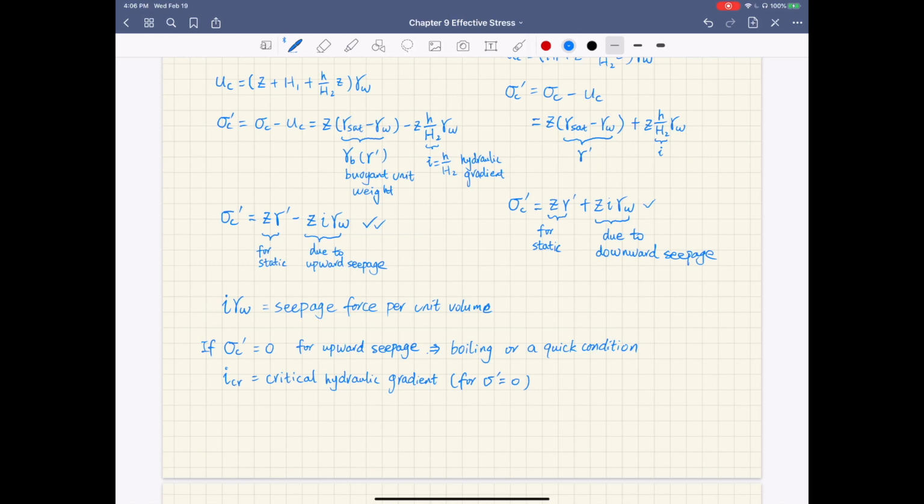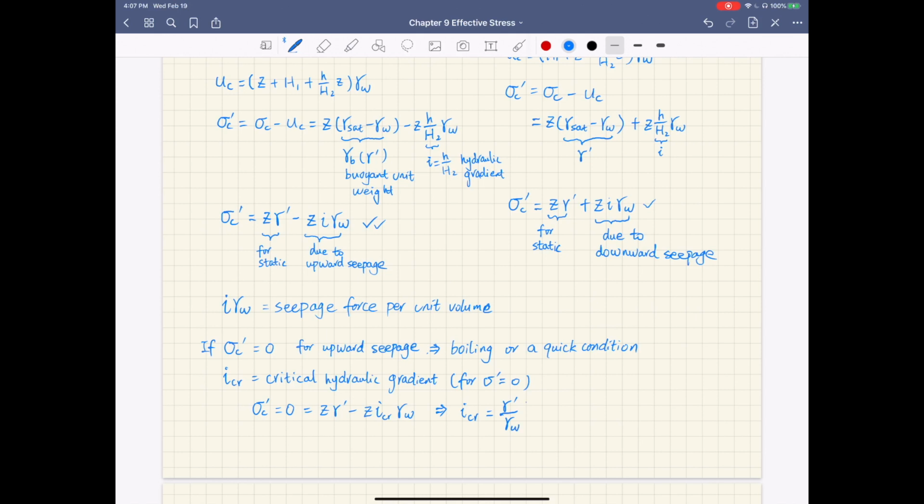This critical hydraulic gradient I sub CR can be solved by substituting sigma C prime equals 0, Z times gamma prime minus Z I critical times gamma water. So then this critical hydraulic gradient for boiling or quick condition of soil equals gamma prime over gamma water.